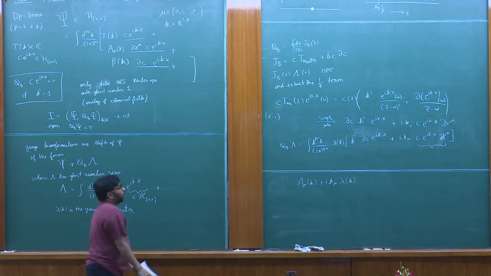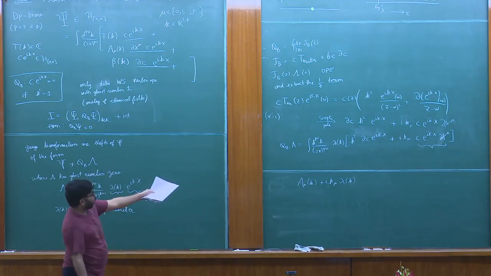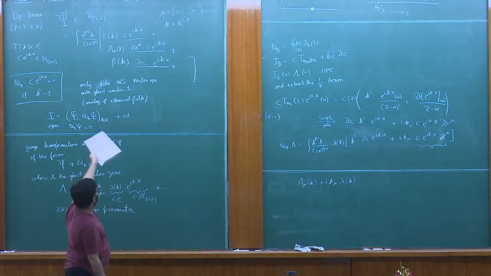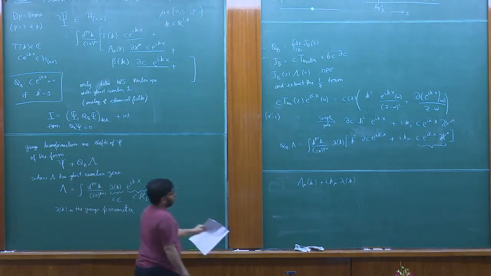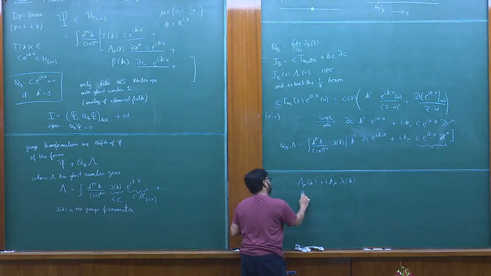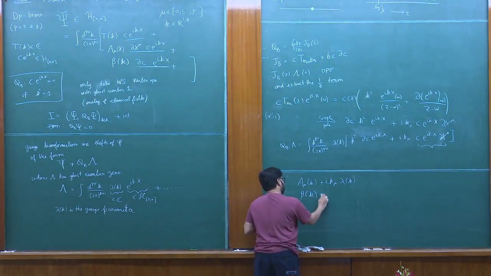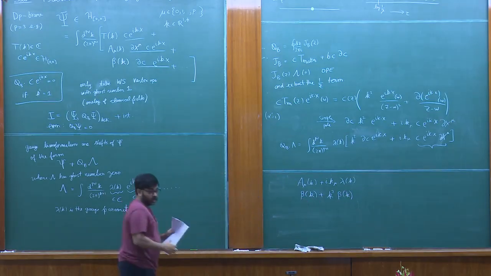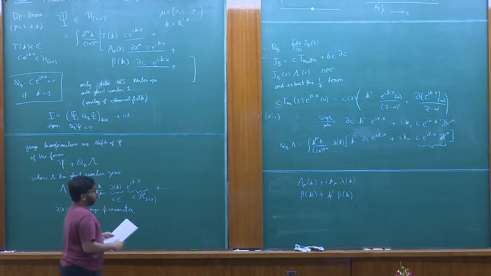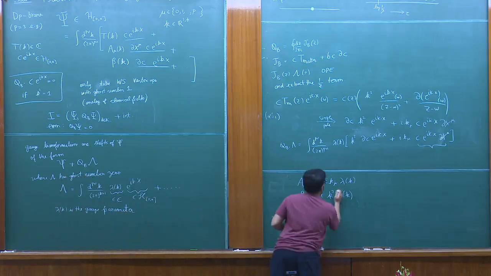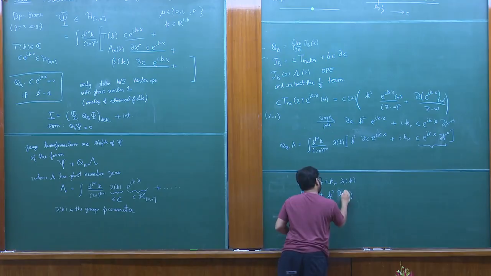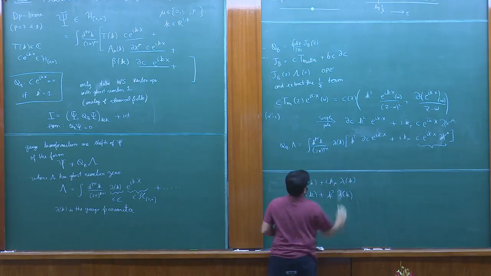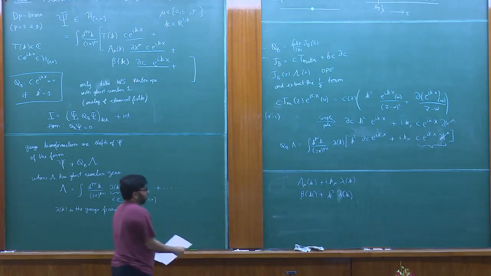And what about the first term? The del c e to the I k x, that's beta. So beta k gets shifted to k square beta of k. Sorry? Lambda k. Sorry, thanks. K square lambda k. Right?